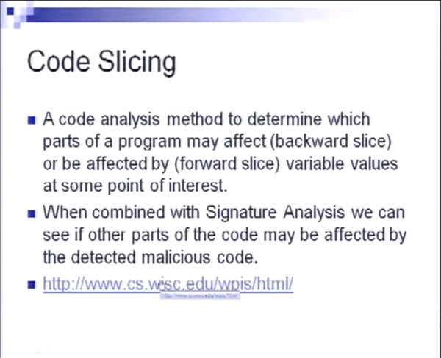So what is code slicing? It's pretty cool, actually. This first bullet: a code analysis method to determine which parts of a program may affect, which is a backward slice, going backwards in the program, or be affected by, a forward slice, variable values at some point of interest. So you have your big executable, you've done all the things that you need to do.